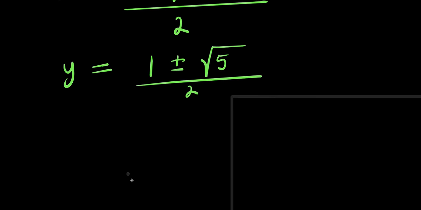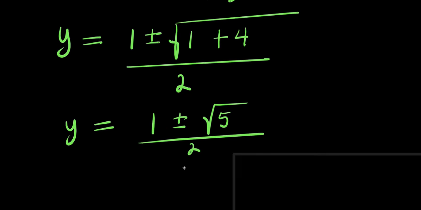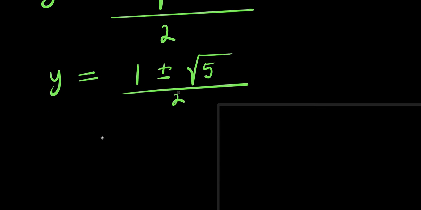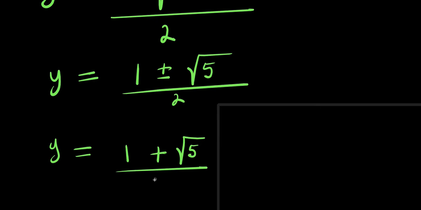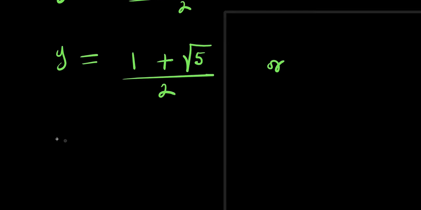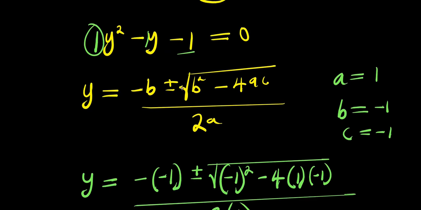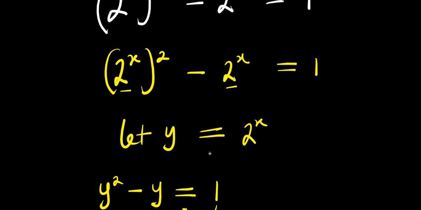Now what we can do is to recall this other identity, but before then, let's write down the two values for y. We have y equals 1 plus root 5 divided by 2, or we also have y equals 1 minus root 5 divided by 2. Now what is our y? From what we did earlier on, we said y equals 2 power x.